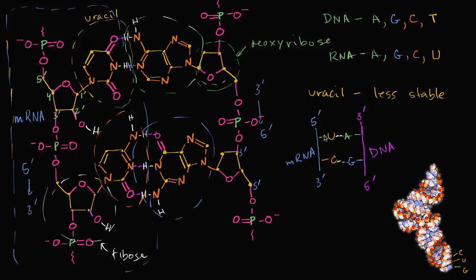Now, what are the types of RNAs out there? And we've talked about this in other videos. Well, you have messenger RNA, which has an important role in taking information from DNA and getting it eventually translated with the help of tRNAs and ribosomes.